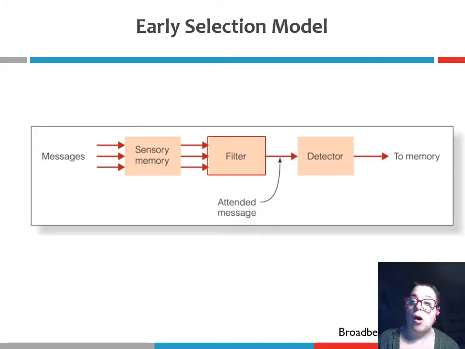The next step is a filter. Okay, so again, all of the information from the unattended and the attended ear is going to be briefly held in sensory memory and then transferred to the selective filter. Okay, and the task of the filter is going to be to identify the message that is being attended, and that identification process is going to be based on its physical characteristics.